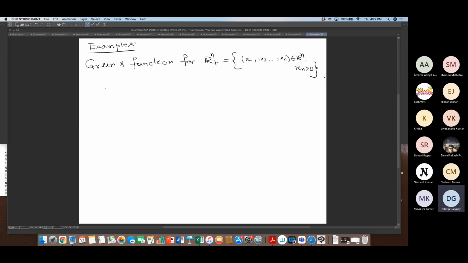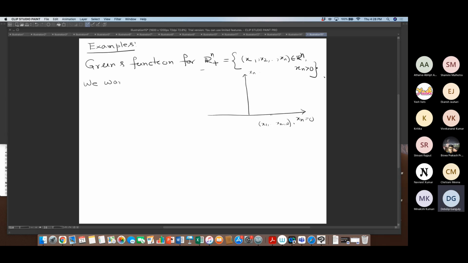We want to calculate the Green function for Rn plus, you know, this is xn equal to 0. You know what is that, right? This is a plane x1 to xn minus 1 comma 0, and this is x.